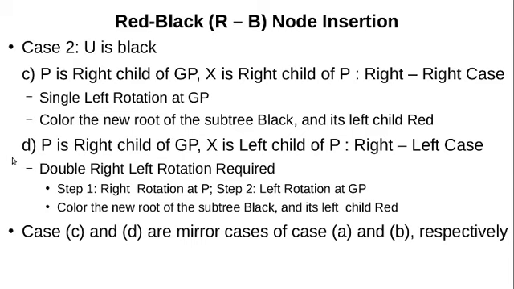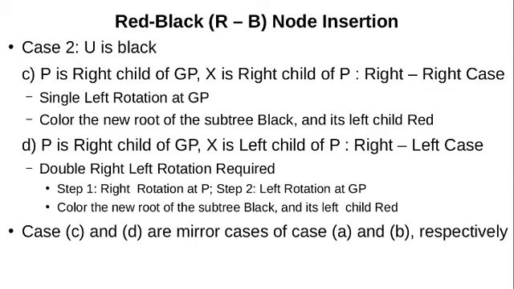Next, we briefly discuss the right-left case of red violation. As noted earlier, the uncle node is black. In the right-left case, we carry out a double right-left rotation at GP.